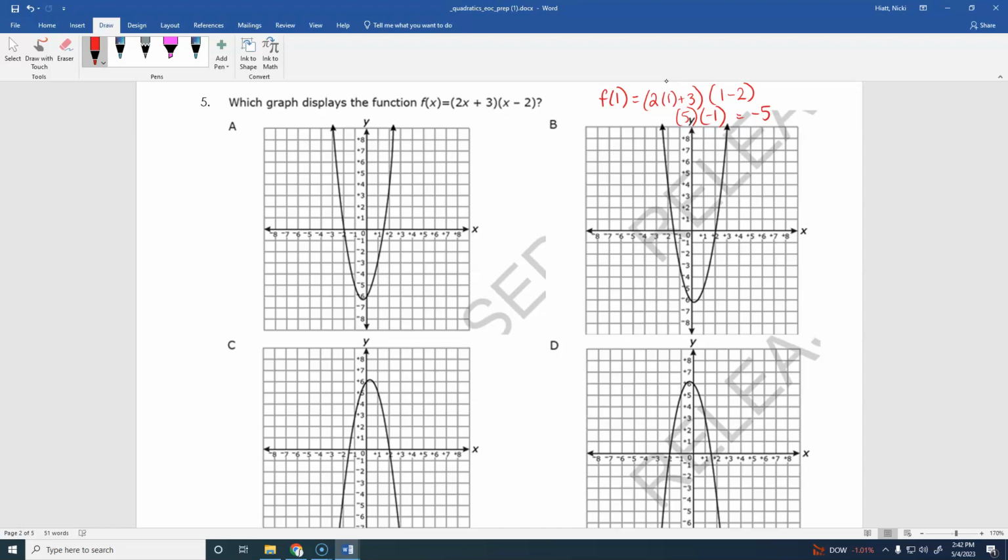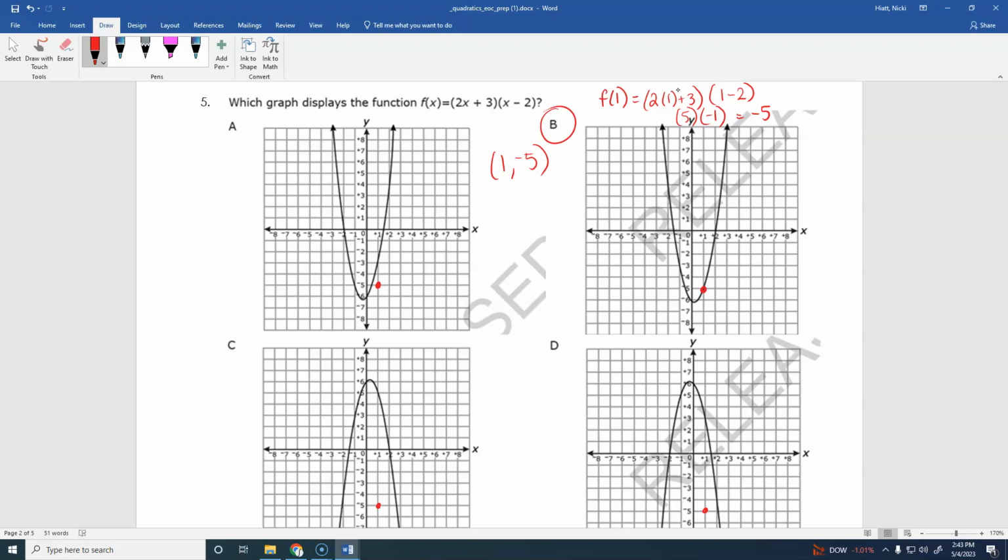What this tells you is you plugged in 1 for the x and you got out negative 5 as your y. So the point 1, negative 5 should be on the graph. Which one is it on? B, and only B, so B is your answer.